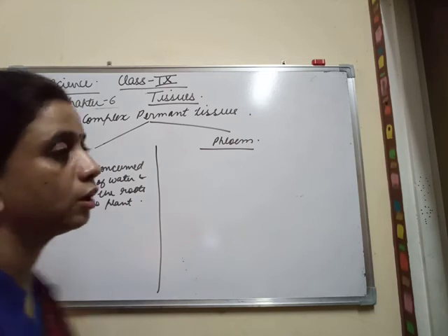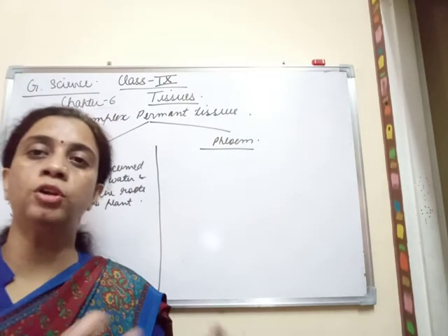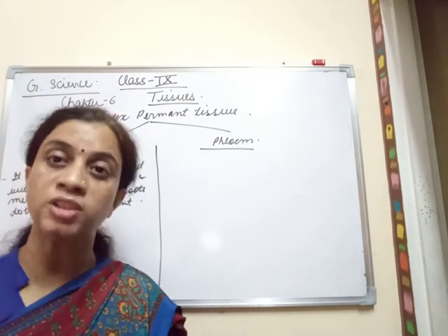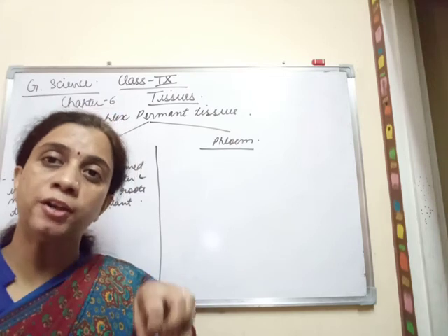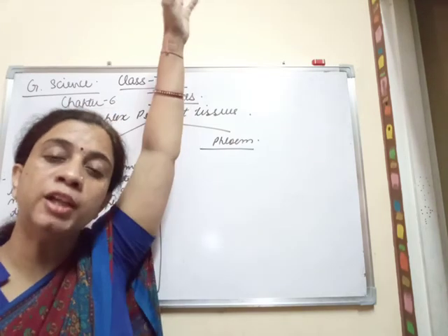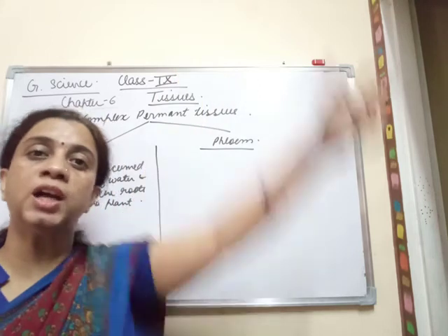That is, whatever water and minerals are absorbed by the roots from the soil, that is carried away and transported from the roots up till the tip of the plant, no matter whatever the height of the plant is.